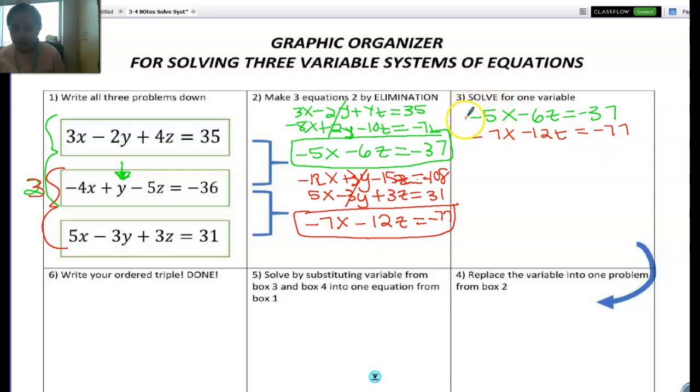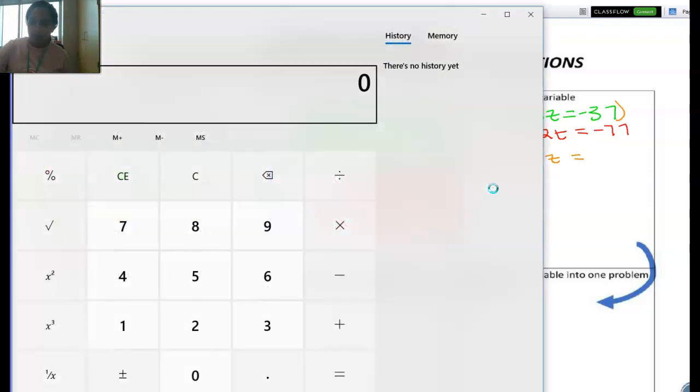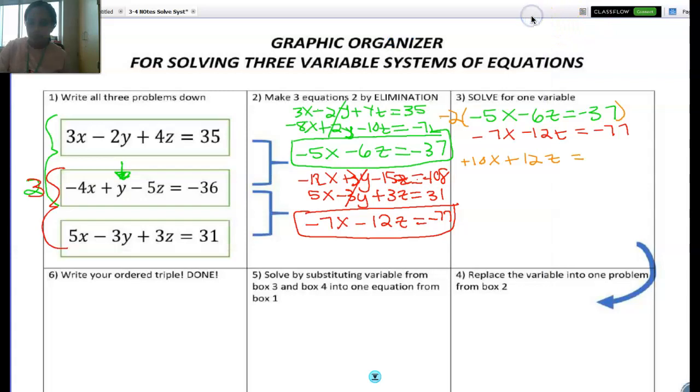So I'm going to multiply this top row by negative 2. And by doing that, I'll be able to eliminate the z's. So I'm going to rewrite it. So I'm going to have positive 10x, negative times negative is positive 12z, and then 37 times 2, 74, equals 74. And I'm going to just copy down the next row.